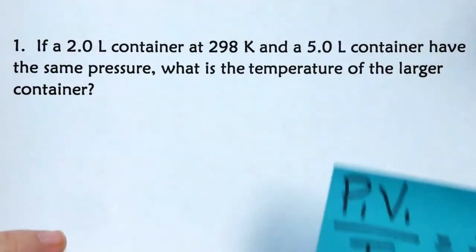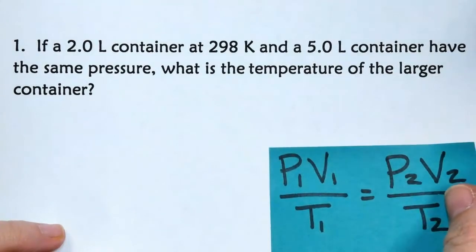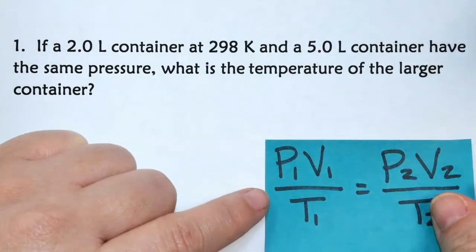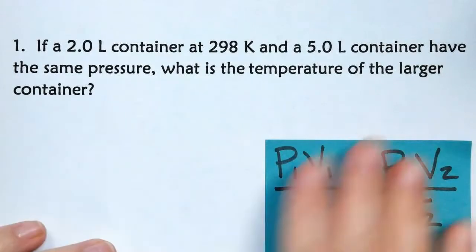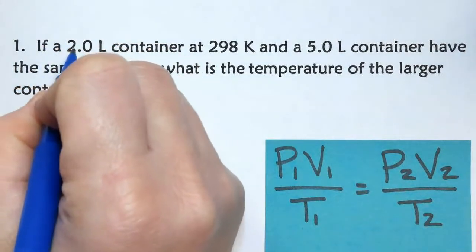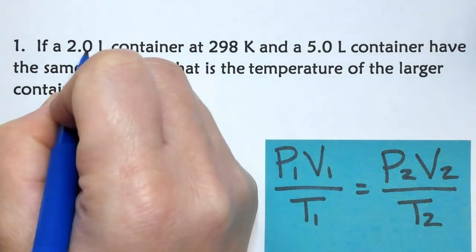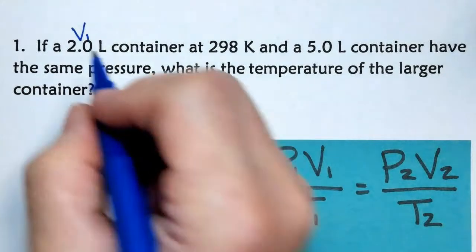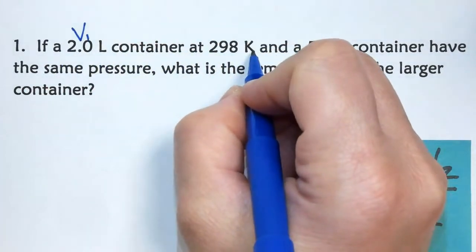So here's our first example, and remember that our equation is P1 times V1 divided by T1 equals P2 V2 divided by T2. So I'm going to label the variables I have in the problem first. If a 2-liter container, this is the first volume I've come to, so I'm going to call that V1. As I read, it's at 298 Kelvin.